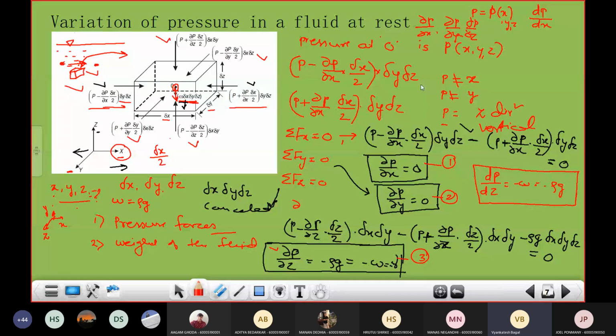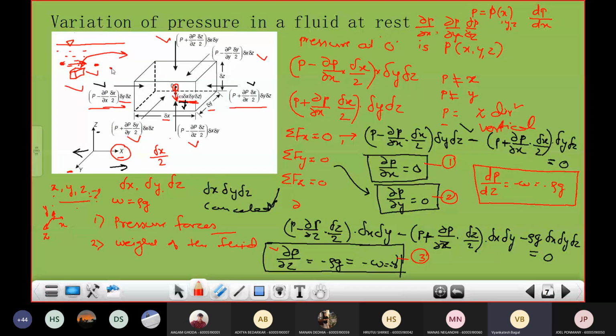I will say that the rate of increase of pressure in a vertical direction is equal to the weight density or specific weight, one and the same. So the rate of increase of pressure in a vertical direction is equal to the weight density of the fluid at that point. Now remember the last line, I said at that point.